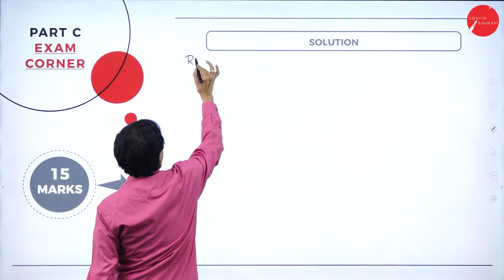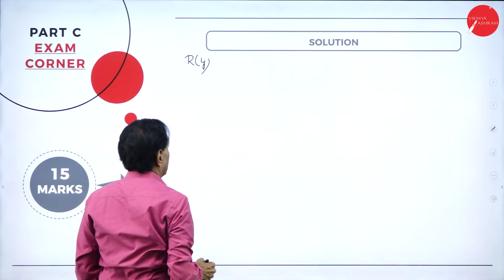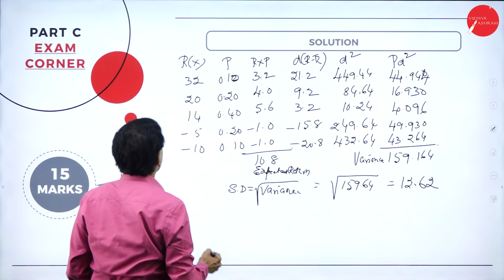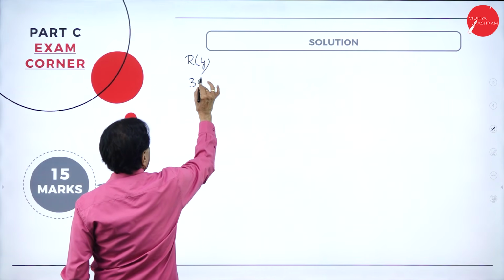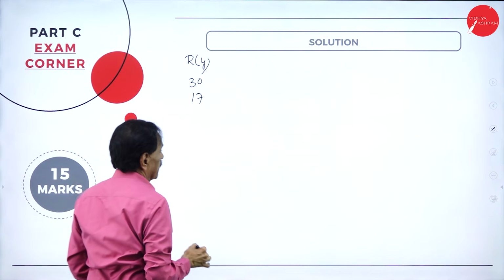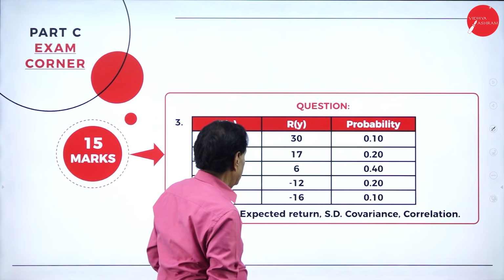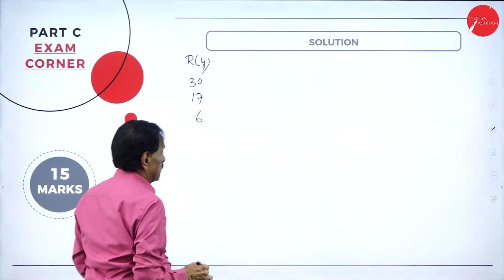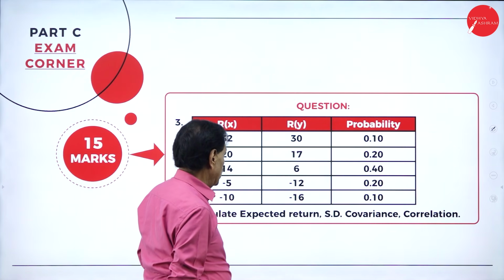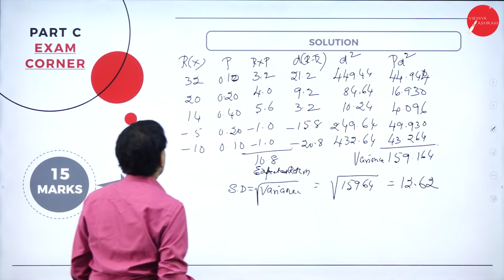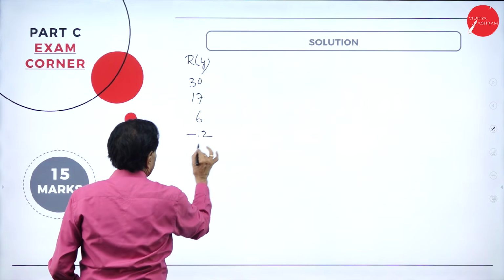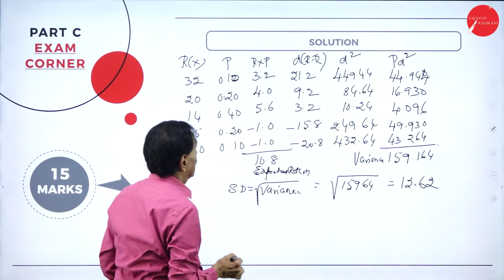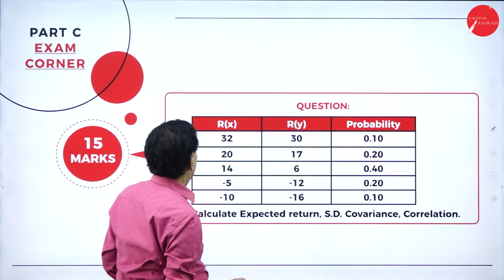Ry numbers are 30, 17, 6, minus 12, minus 16. Probability same, 0.10.